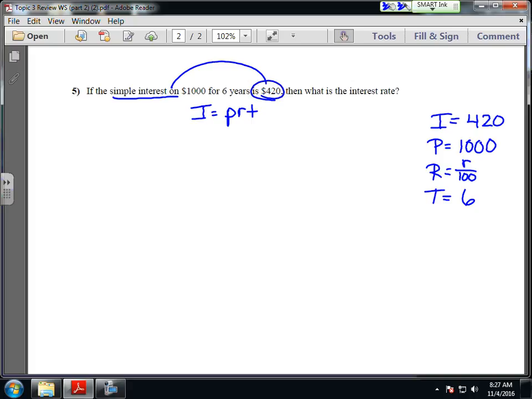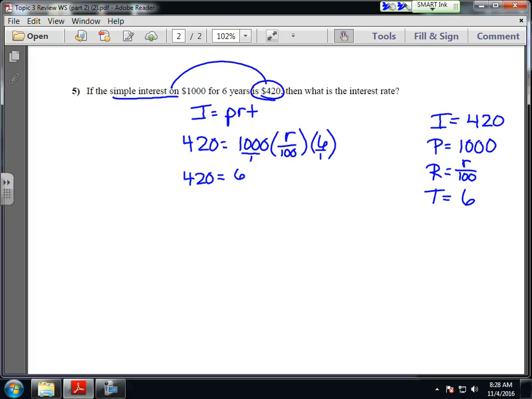So we're going to dump this right into our formula. 420 equals 1,000 times R over 100 times 6. I'm going to put these over 1 because it makes it a little bit easier to multiply them. I'm going to rewrite the 420. If I multiply the top, 1,000 times R times 6, what do I get?